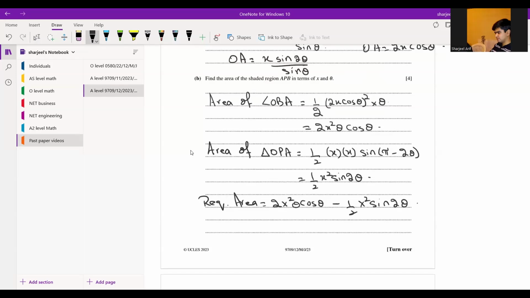We can simplify it to get 2x^2 theta cos^2 theta minus 1/2 x^2 times 2 sine theta cos theta. Cancel these two and take x^2 cos theta common, and we will get x^2 cos theta (2 theta cos theta minus sine theta) in the brackets, and this will be our answer.